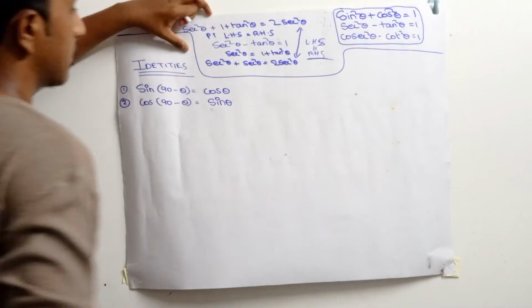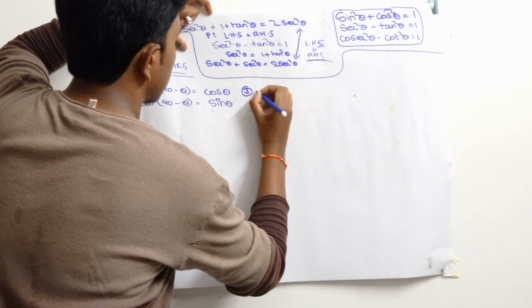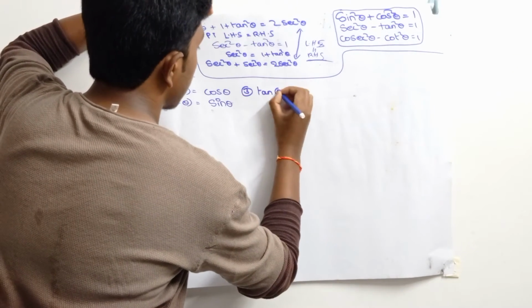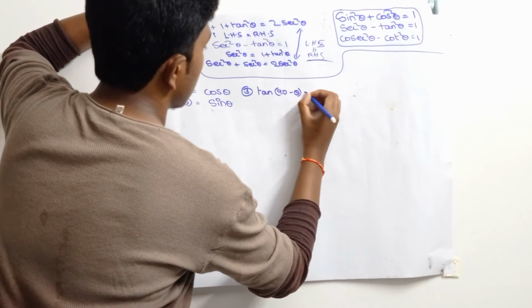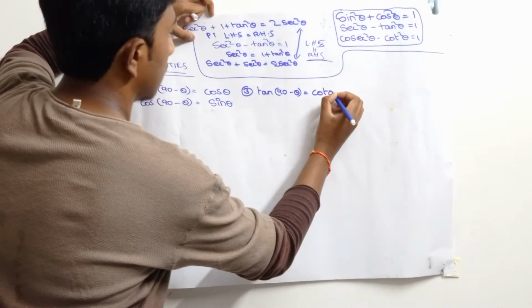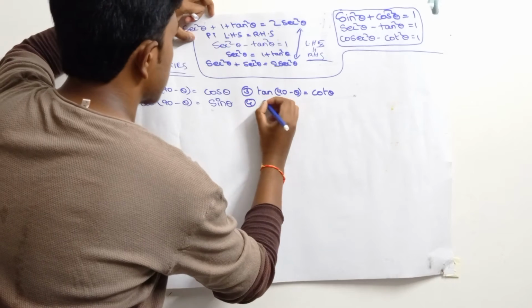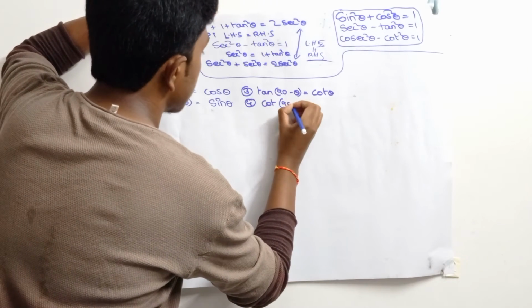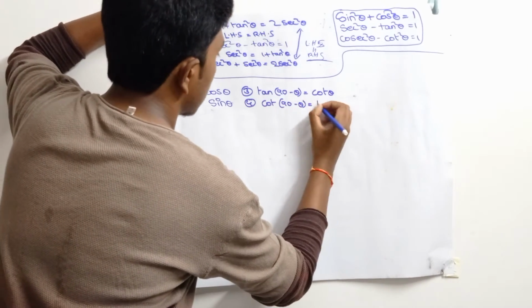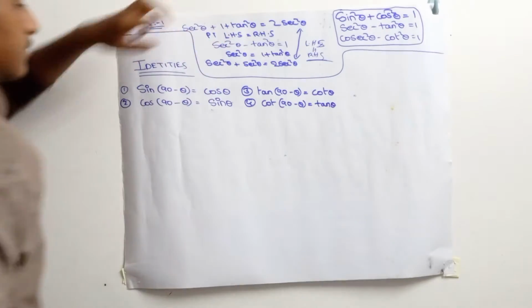This is the second identity, and the third one is tan 90 minus theta equals cot theta. Fourth one is cot 90 minus theta is equal to tan theta.